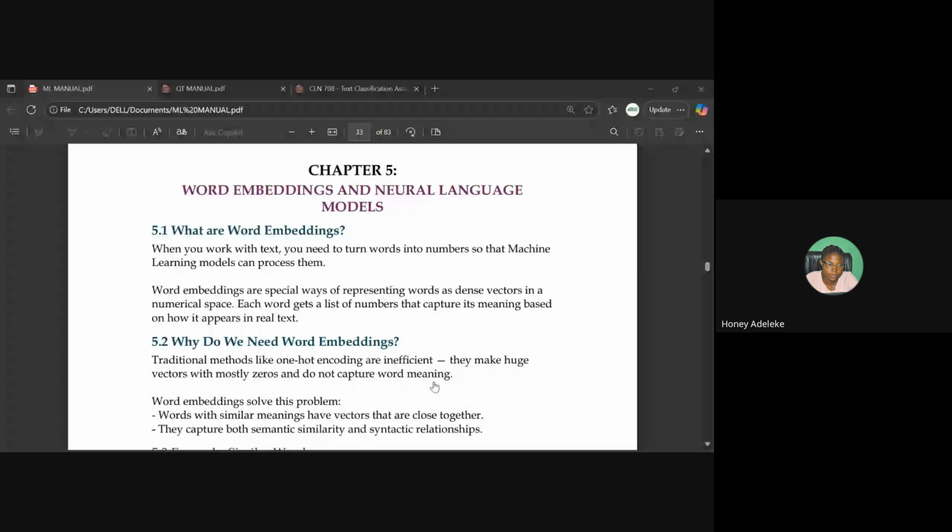Can anyone help us out? A word that has maybe 2 different meanings. Bank. Beautiful, bank. In fact, that's the example I can still recall. So we could have bank as in river bank. We could have bank as like a financial institution and all of that.